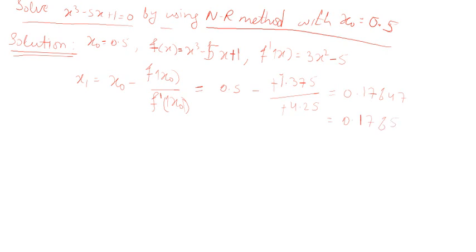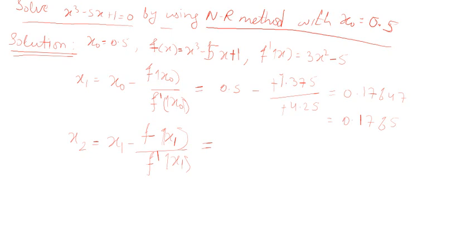Now similarly, x2 equals x1 minus f of x1 divided by f dash of x1. Of course, at each step you have to make sure f dash of x naught, f dash of x1 are non-zero.